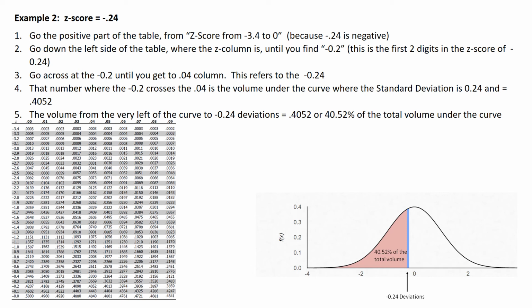So I'm going to look up, same as I did before, negative 0.2, and this is negative 2.1, negative 2.2, negative 2.3, and negative 2.4. So negative 0.24 deviations is 40.52% under the curve. So we look at deviations as across the horizontal line, but the space under the curve is what the table tells us it is.